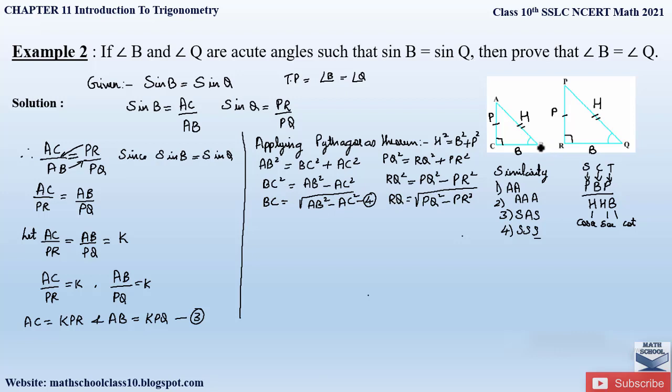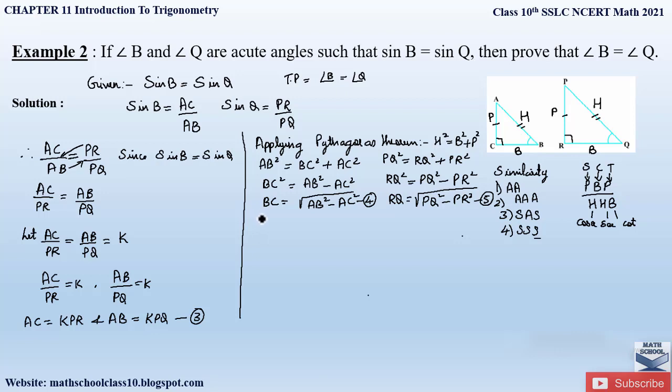Now let us find out the ratio of BC by RQ, since we already know the other two corresponding side ratios, that is AC by PR and AB by PQ, from equation 2. So let this be equation number 5.